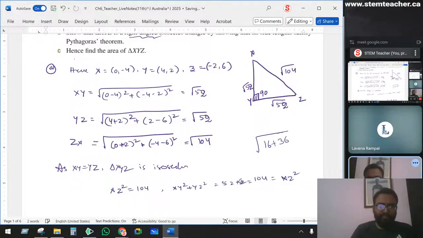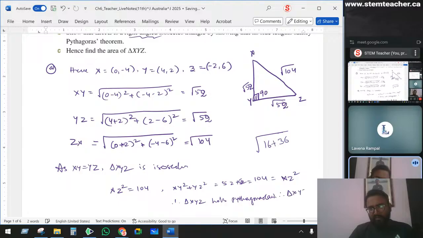So it is the Pythagoras theorem. Therefore, triangle XYZ holds the Pythagoras law. Therefore, triangle XYZ is a right angle triangle.